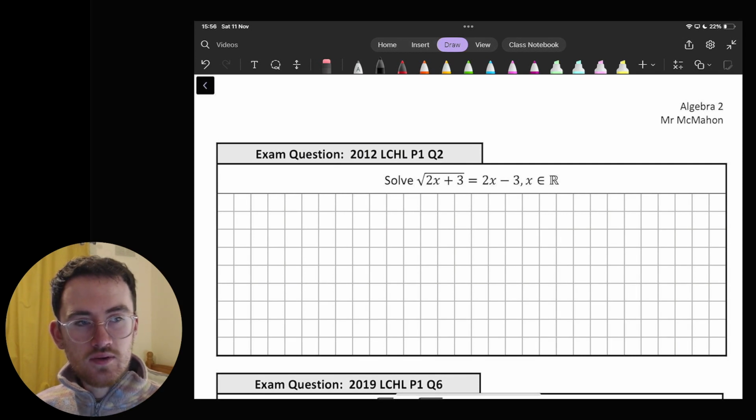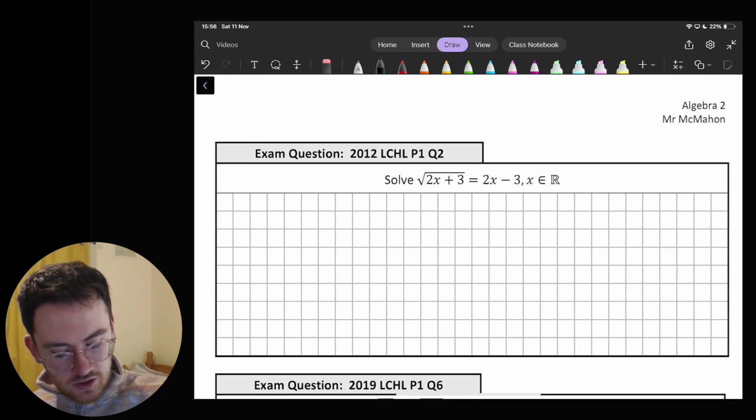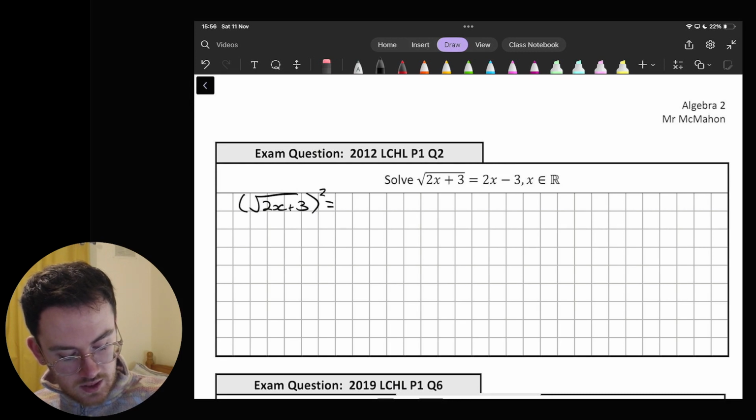So root 2x plus 3 is equal to 2x minus 3. And we need to solve for x in this case. So let's start off, we square both sides. So 2x plus 3 equals 2x minus 3 squared. So I get 2x plus 3 equals 4x squared minus 12x plus 9.